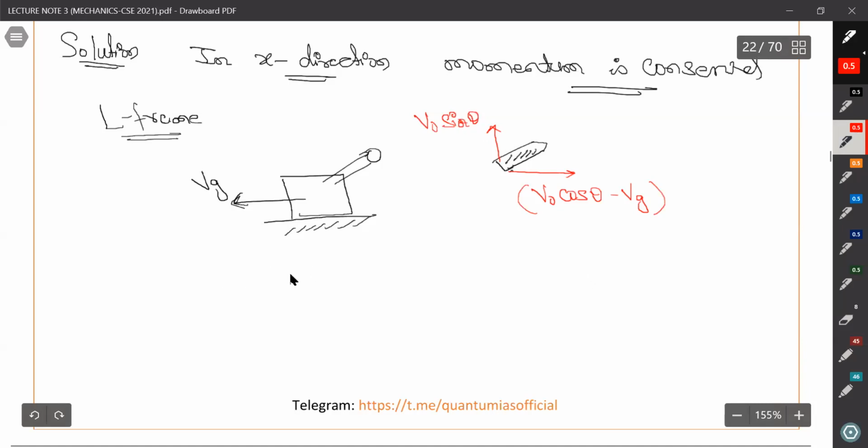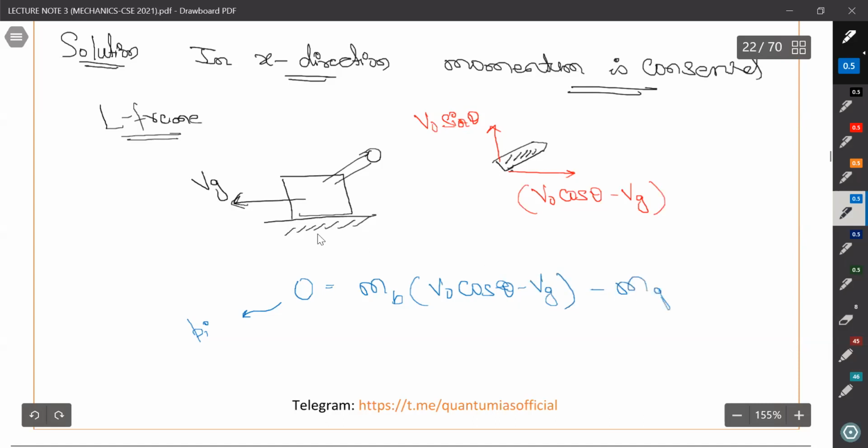If momentum is conserved in the x direction, what do we need to write? Initial momentum was 0. This was pi. And what is the final momentum here? Mass of bullet times (v naught cos theta minus vg) minus mass of gun times vg, because it's moving in this direction. We are treating this direction as positive and this direction as negative. So from here we can find vg, the recoil velocity of the gun.